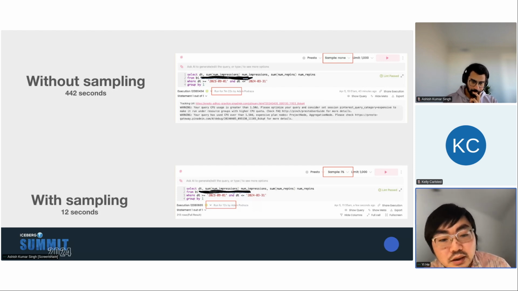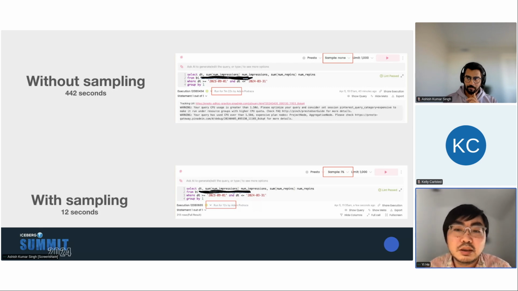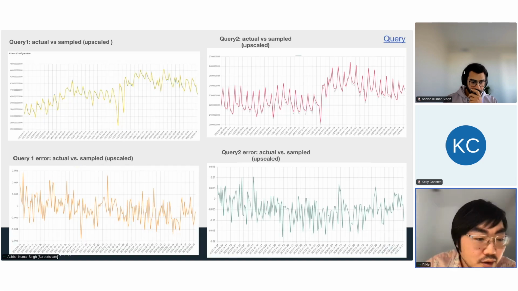This enables our users to do quick query prototyping and iterate quickly, and once they finalize the query, they can continue to write a production query without the sampling.